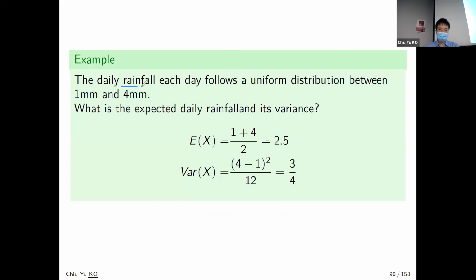If rainfall follows a uniform distribution between 1 mm and 4 mm, what is the expected daily rainfall? This would be A, this would be B. This is A plus B over 2, and this is B minus A squared over 12. So it's just applying directly to the model and predicting the weather.